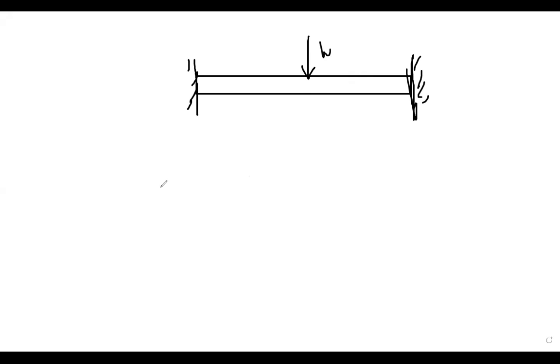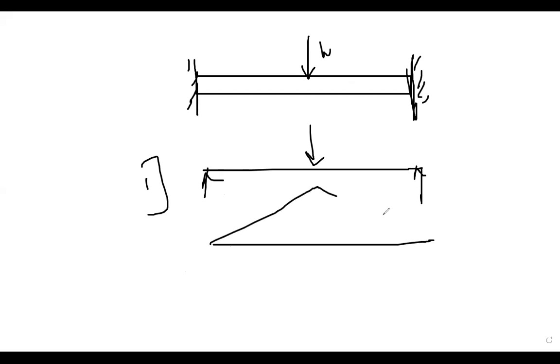So for this case, first step is that remove the fixed support, make the beam determinant. Okay. Then draw the bending moment diagram for this. This again WUL/4.